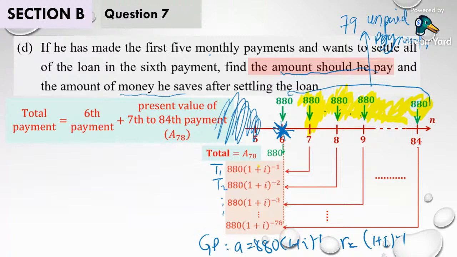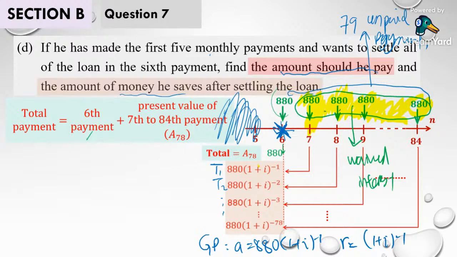Let me highlight it again. So these are the payments in the future. These will be waived for the interest. Bahagian ini akan waive for interest. Yang depan ini tidak. That's why we need to calculate the full amount.